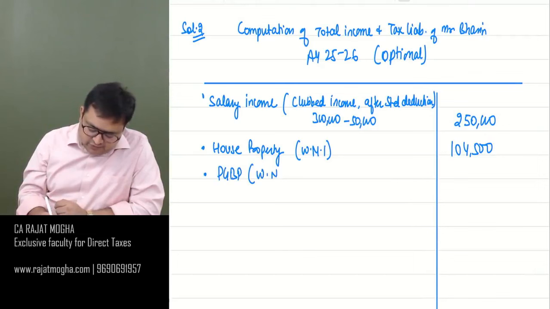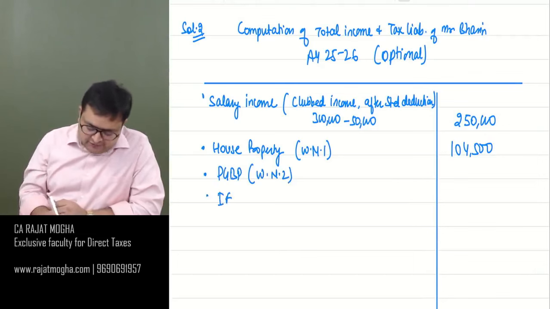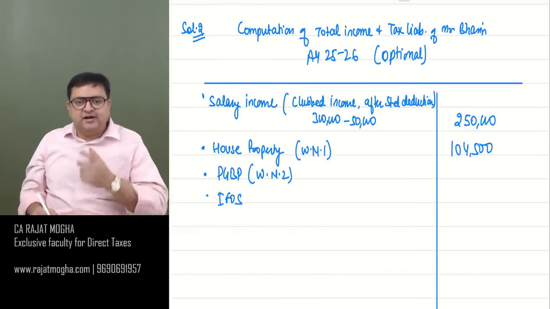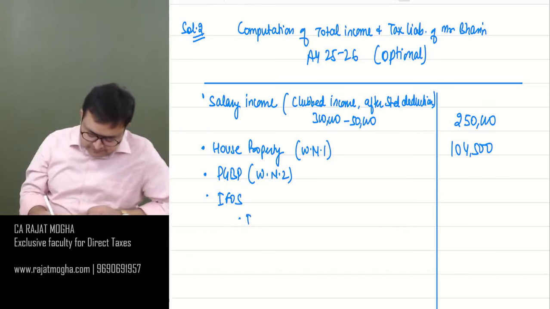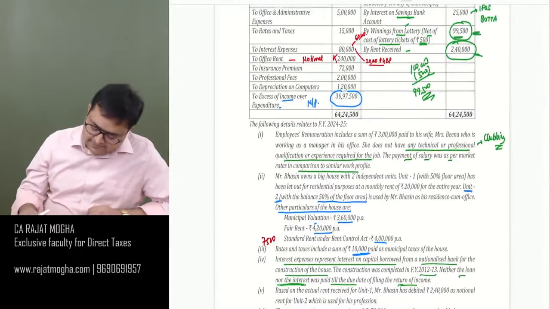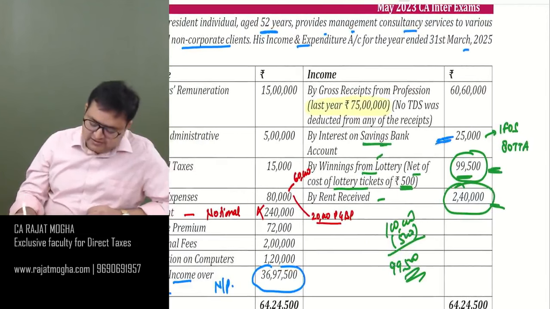Then we have PGBP also. PGBP, I'll make a working note number 2. Then we have IFOS also. Let us complete IFOS first. IFOS, we have interest from saving account. Interest on saving account was 25,000, right?